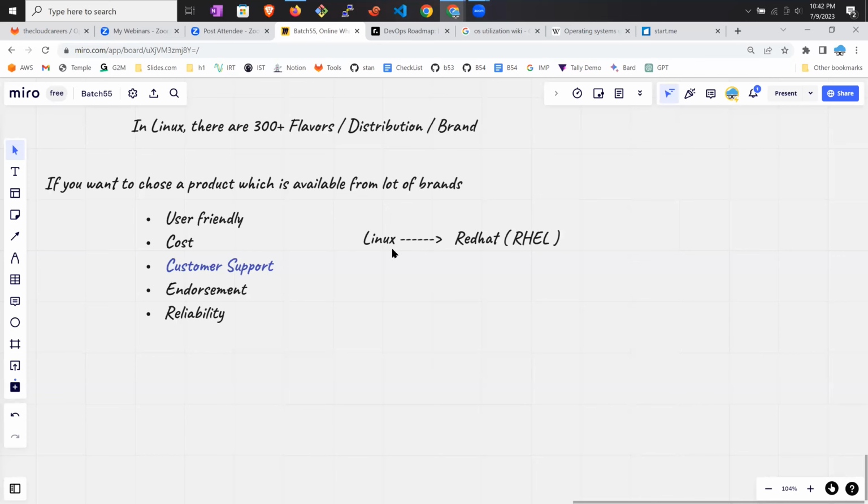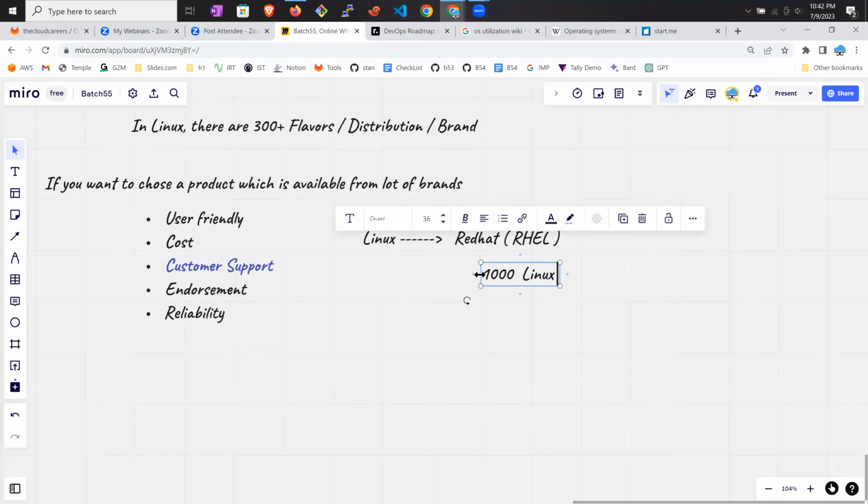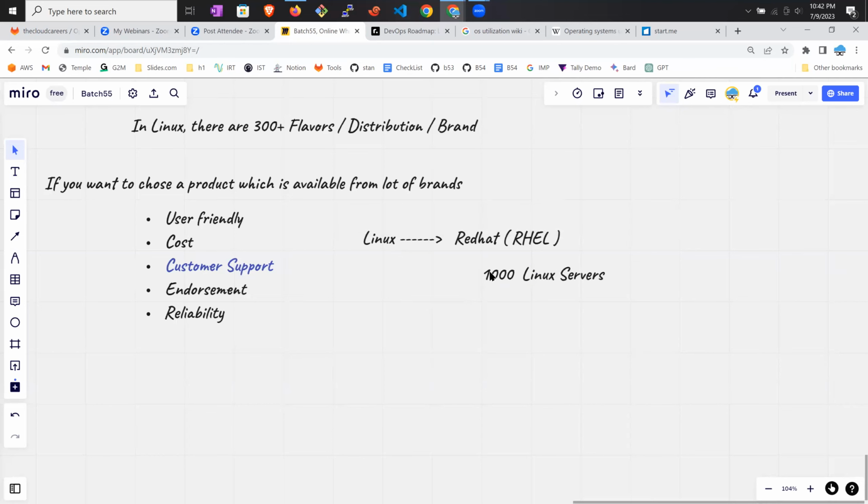But again, Red Hat Enterprise Linux is a very costly solution. In Linux, for example, if in your company you have 1000 Linux servers, paying license and getting support for 1000 servers is going to make things very costly.